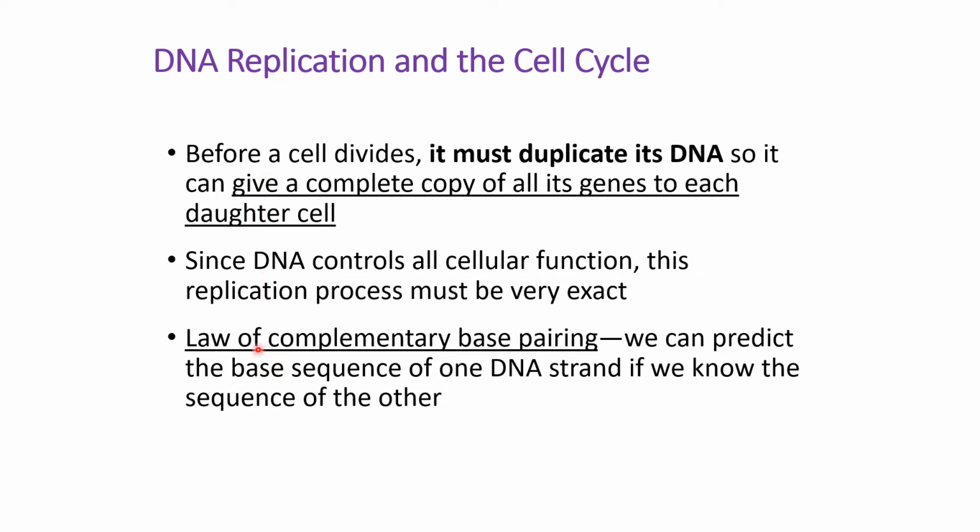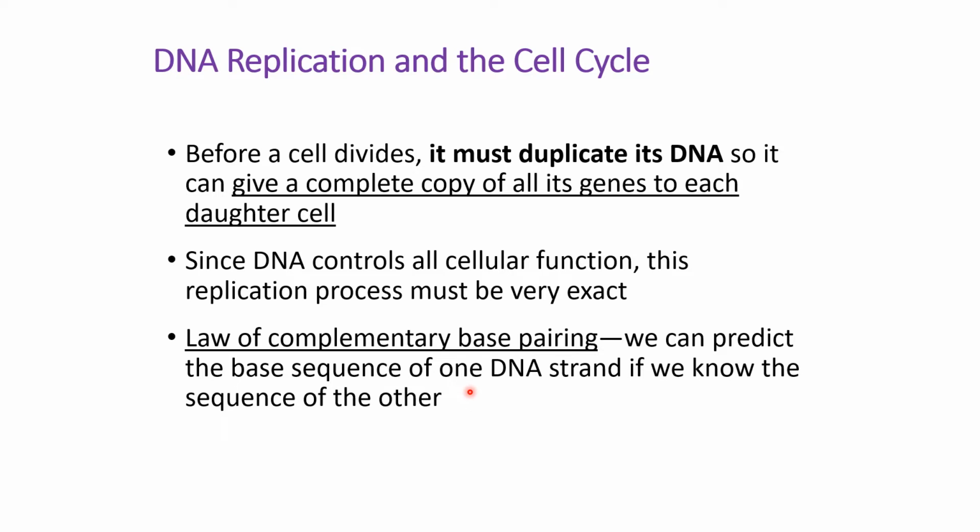All of this follows something we've already talked about, known as the law of complementary base pairing. Basically, we can predict what a sequence of bases is going to be on one DNA strand if we have the other DNA strand. Remember that the DNA molecule is a double helix. It is composed of two strands which are complementary to each other.